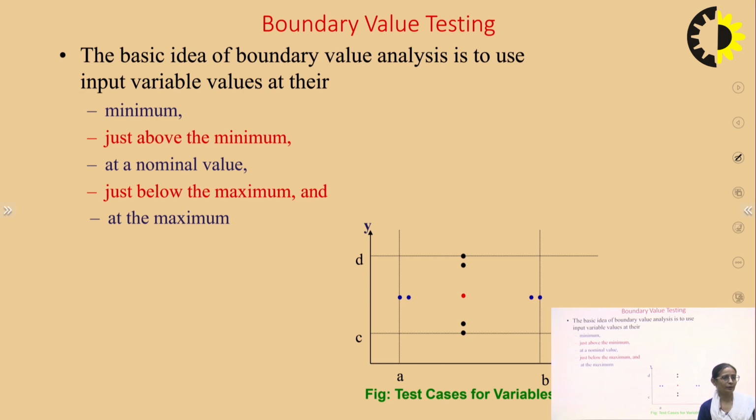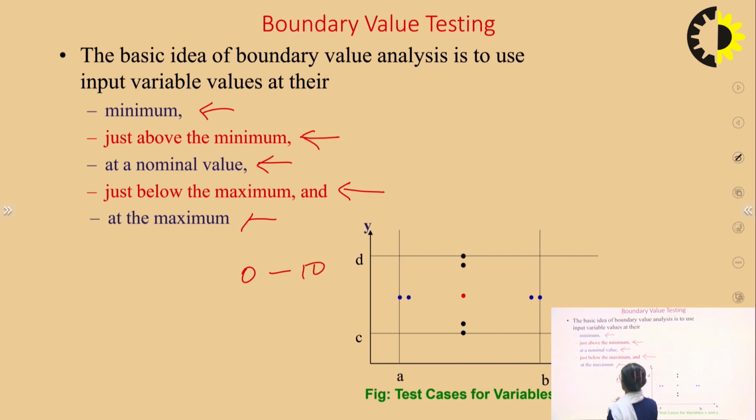The basic idea of boundary value analysis is to use the input variable values at their minimum, just above the minimum, at a nominal value, just below the maximum, and at the maximum. In the previous example, the input could be any value from 0 to 10.